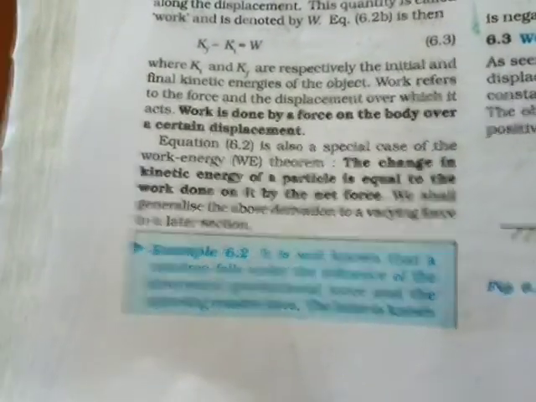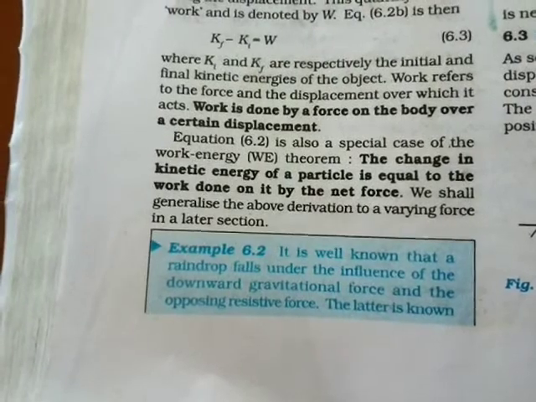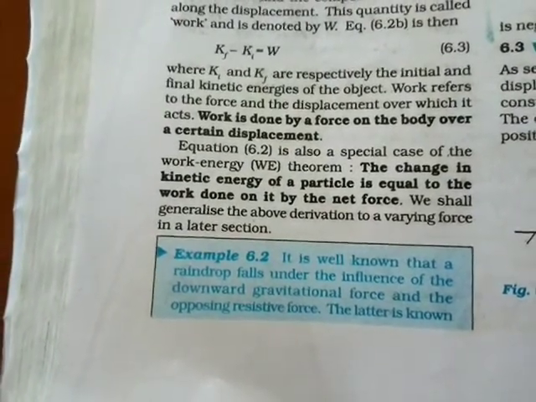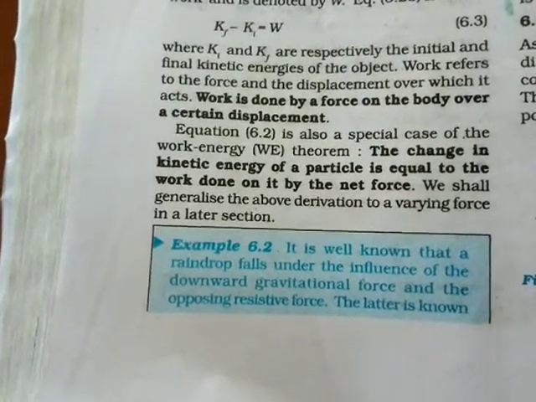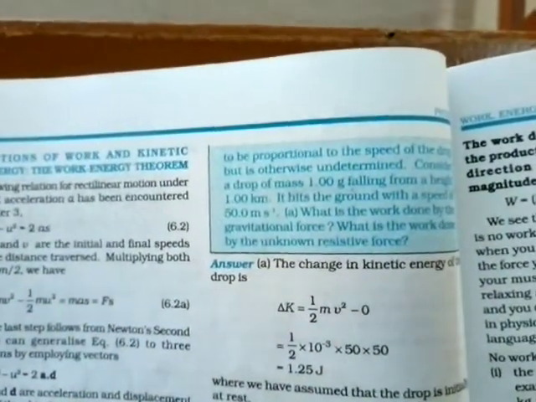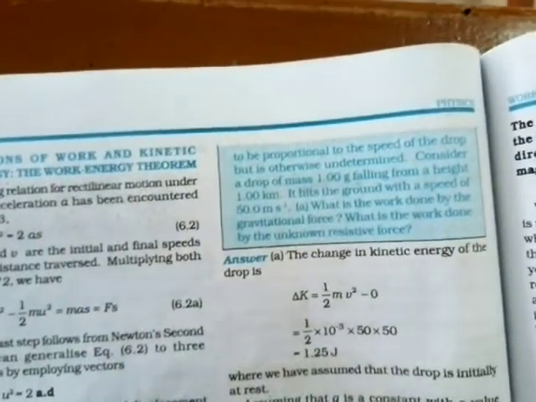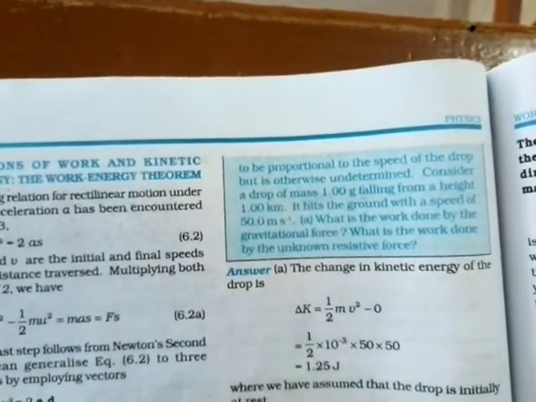Example 6.2. It is well known that a raindrop falls under the influence of the downward gravitational force and an opposing resistive force. The latter is known to be proportional to the speed of the drop, but is otherwise undetermined.